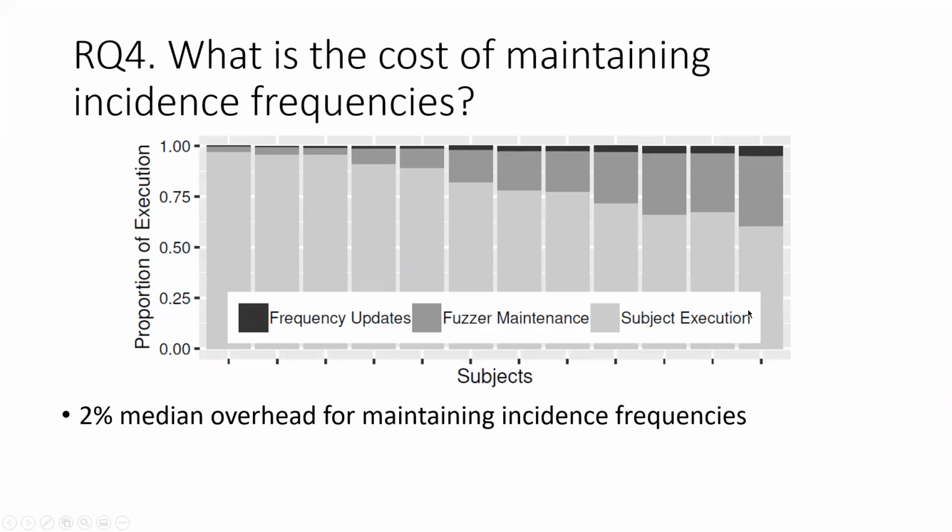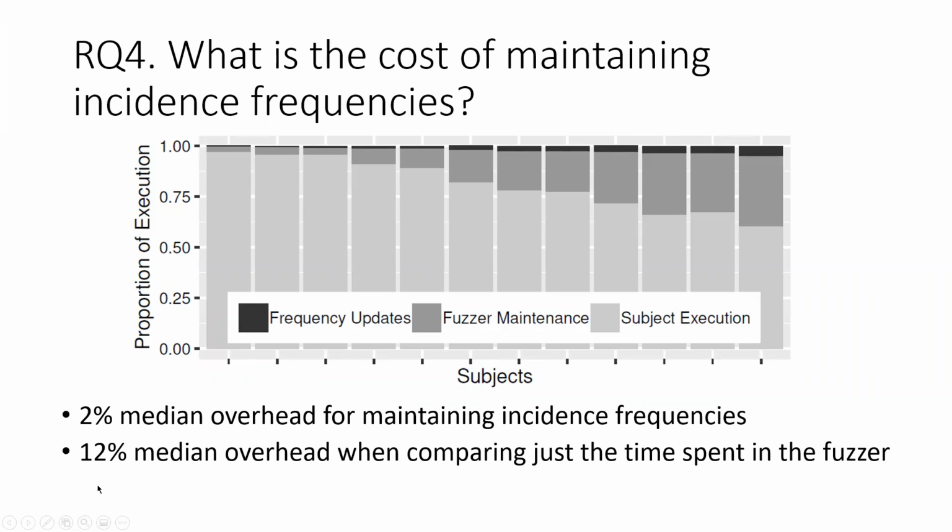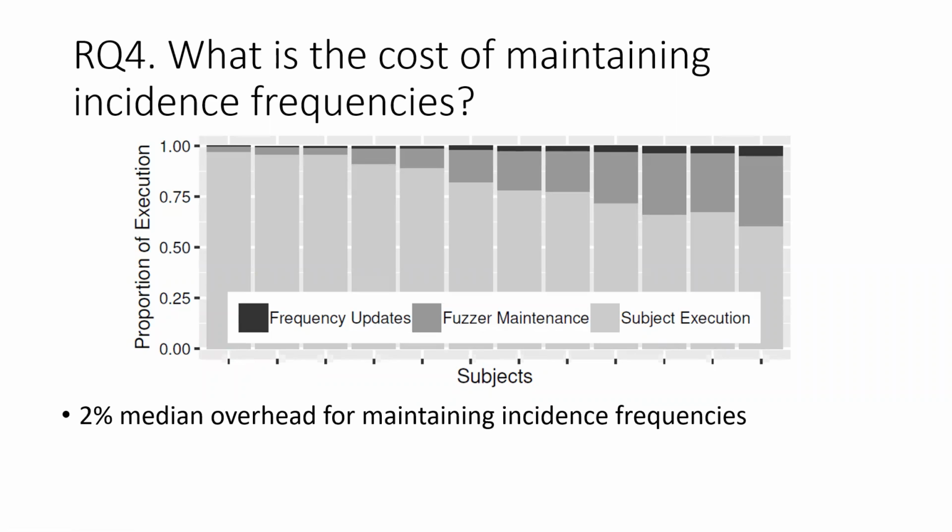So the black color boxes are basically the time. And sorry, the subject execution, that means it will have an overhead to slow down the subject execution, right? Sorry, what do you mean?